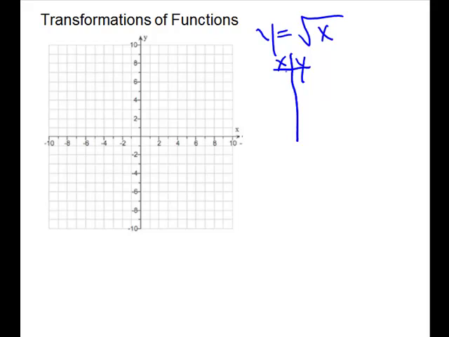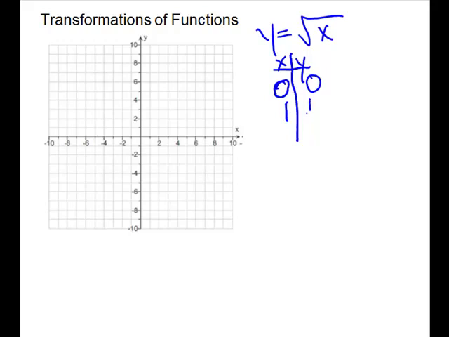You don't want complex numbers, so you're not going to be allowed to choose negatives under here. 0 is okay. 0 and higher is okay. So I'm going to choose 0. Square root of 0 is 0. Right? You can choose 1. Square root of 1. You really want perfect squares so that you don't have to graph decimals. So square root of 1 is 1.